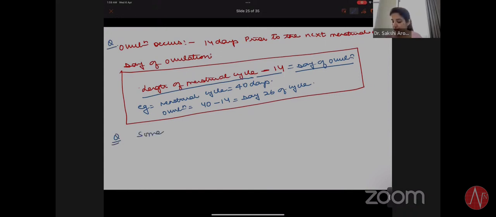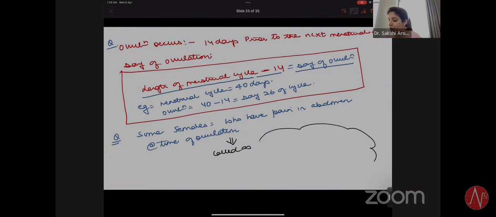There are some females who have pain in the abdomen at the time of ovulation. This is called Mittelschmerz syndrome.